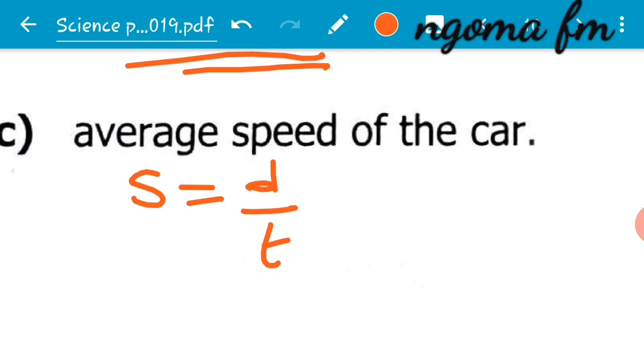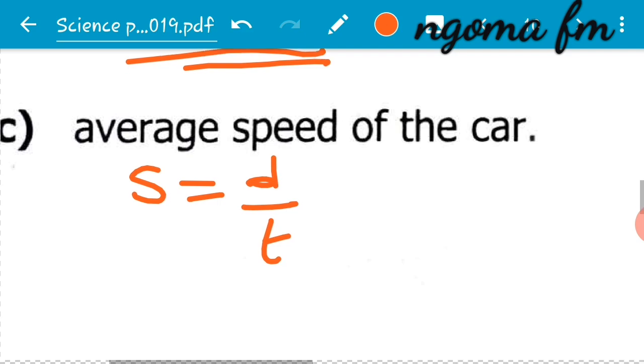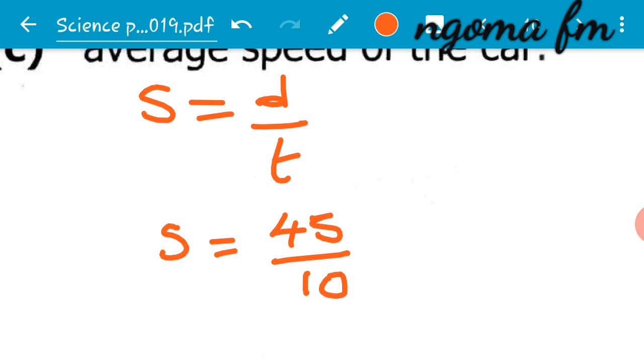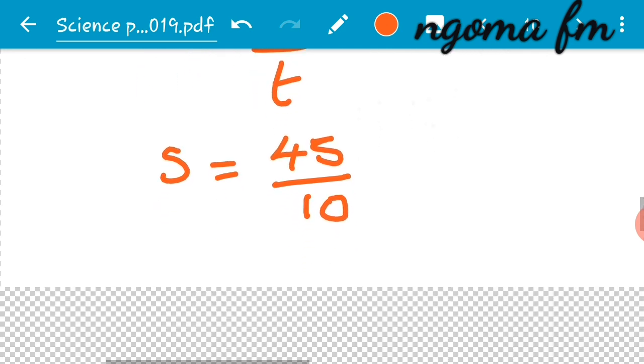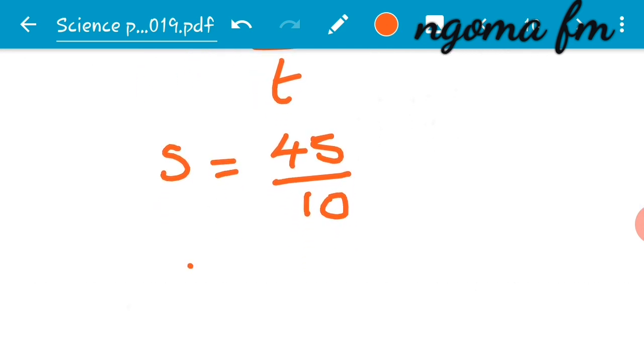So speed is equal to distance over time. What was the distance covered? The distance covered was 45 meters. The total time taken was 10 seconds. So speed is equal to 45 divided by 10, which gives us 4.5. Again, what are the units for speed?